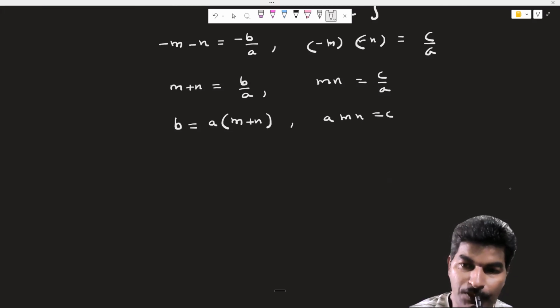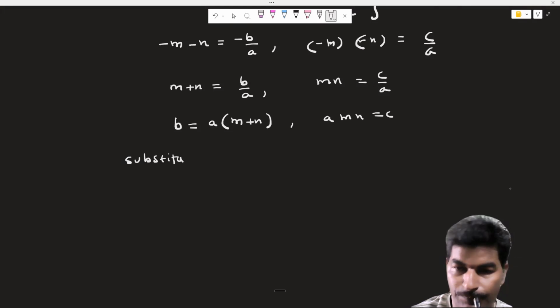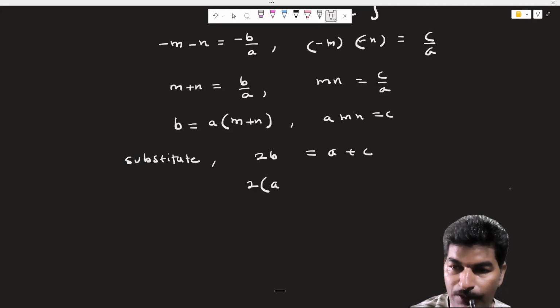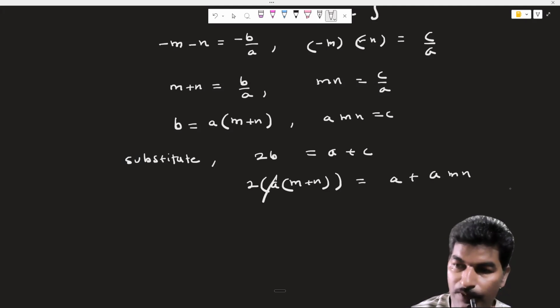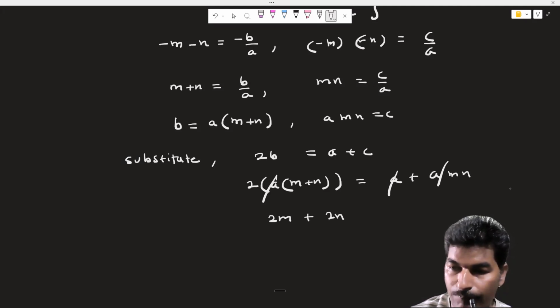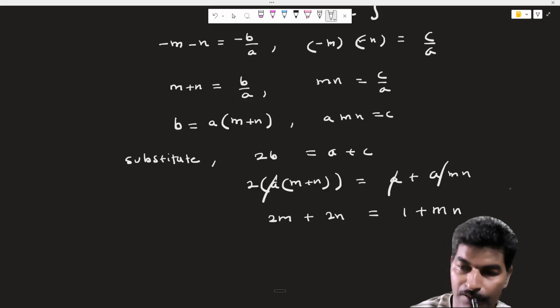We will substitute these values in 2b equal to a plus c. So 2 times a of m plus n equals a plus a into mn. Cancel a on both sides, and we get 2 times m plus n equals 1 plus mn.